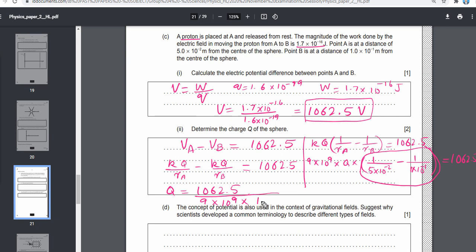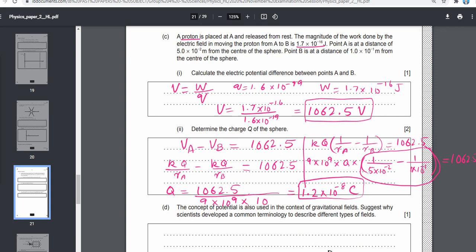So from here I'll get 10 as the answer. Now I'll put this whole thing into the calculator and we'll get the charge. The charge on the sphere that I'll get is 1.18, or because I have to write that in two significant figures, I'll write it as 1.2 times 10 to the power of negative 8 coulomb. So this will be the charge.